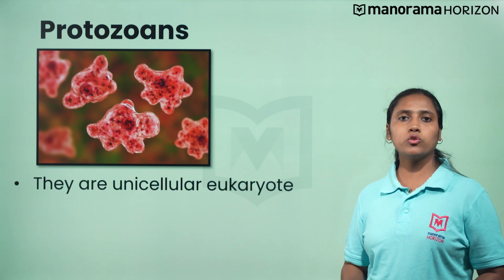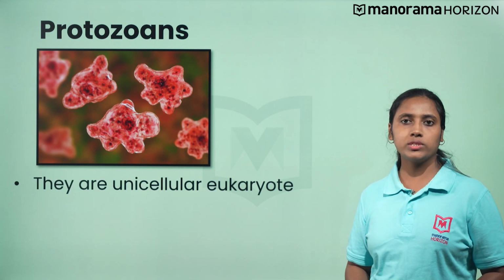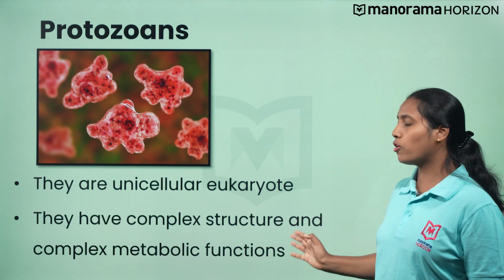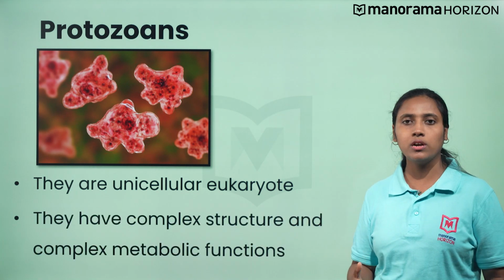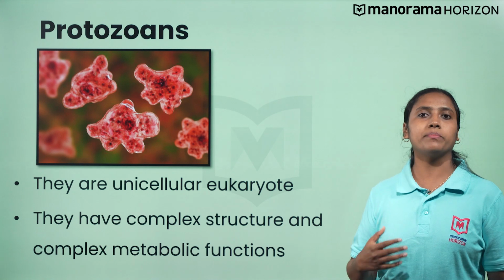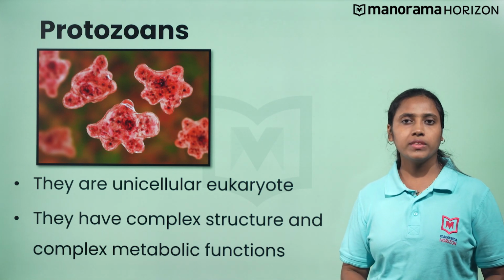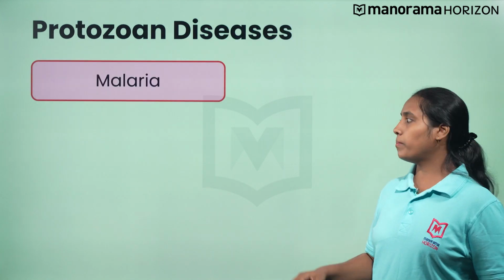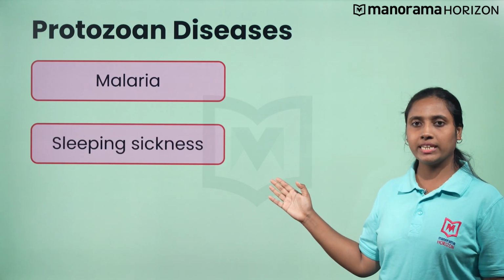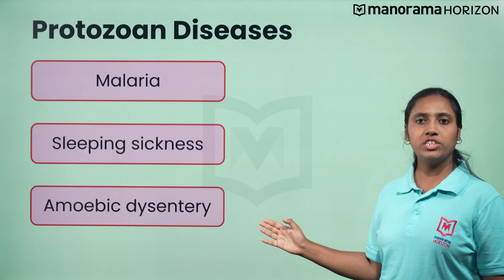Protozoans are microscopic unicellular eukaryotes that have a relatively complex internal structure and carry out complex metabolic activities. They can cause malaria, sleeping sickness, and amoebic dysentery.